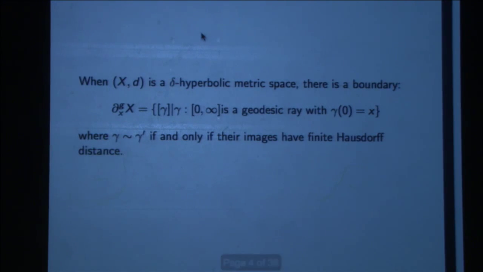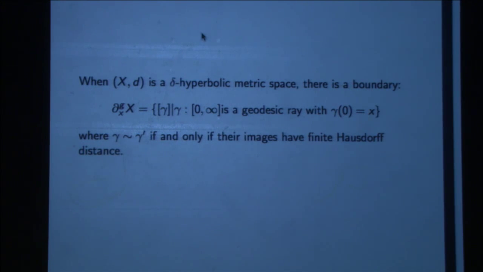Okay. So, like hyperbolic space H3 has a boundary that's S2, a delta hyperbolic metric space has a boundary, and it's like the boundary of H3. It's an extremely useful tool. The set of points in the boundary is identified with geodesic rays.